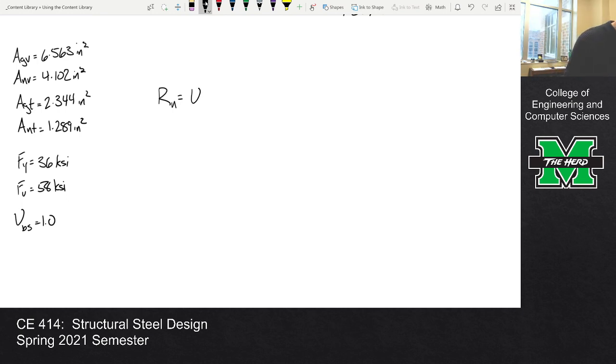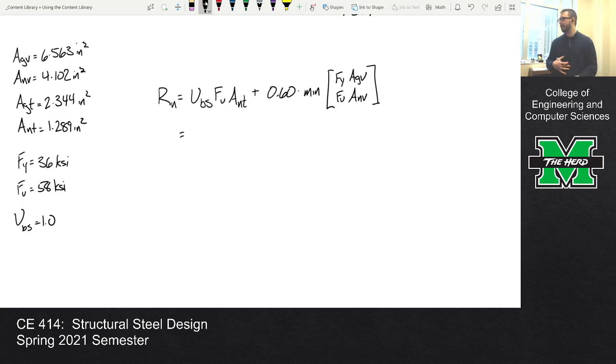So it's UBS, FU, ANT, plus 0.6 times the minimum of FY, AGV, or FU, ANV. So we need basically a tensile fracture, but either a shear yielding or shear fracture, whichever one governs. And so we just start plugging it in.